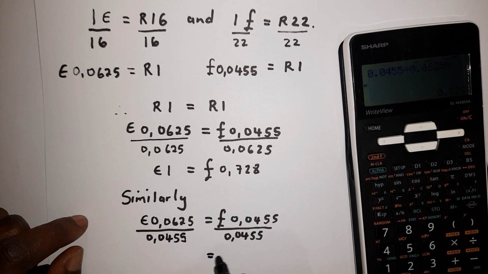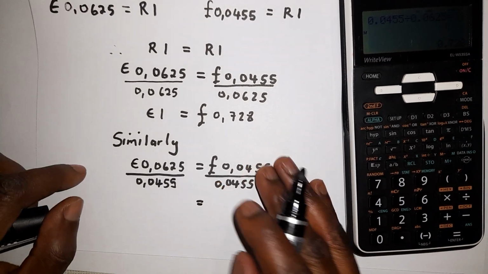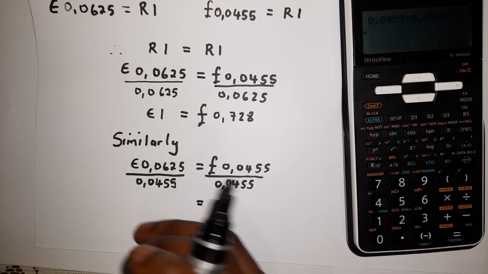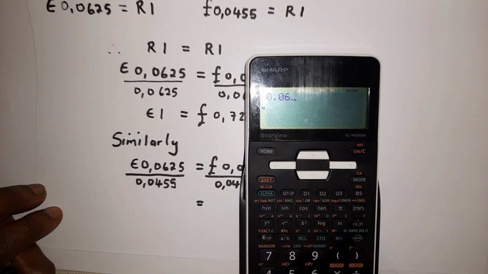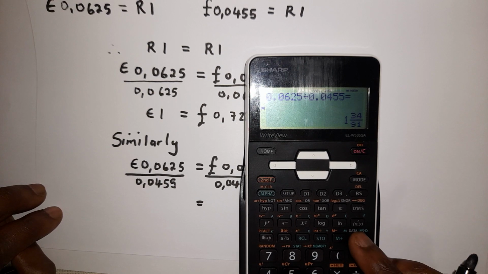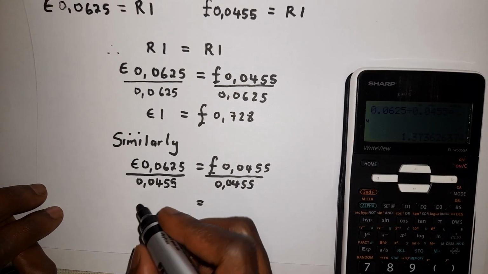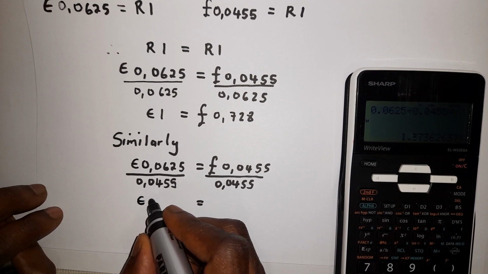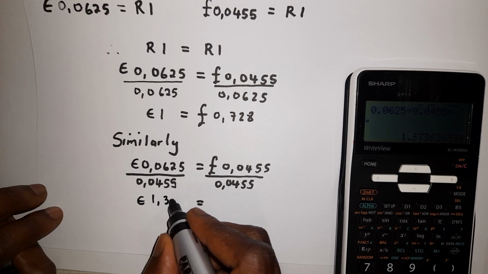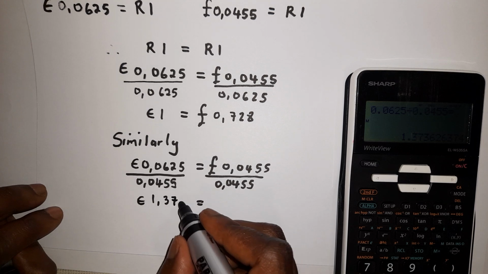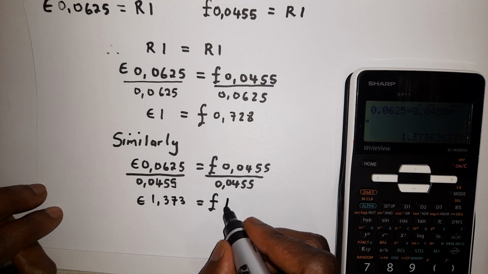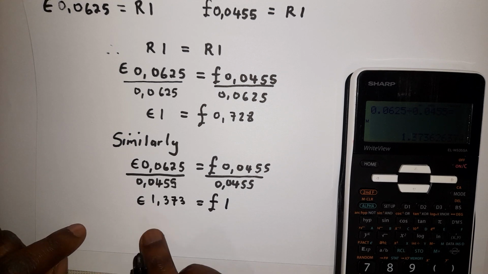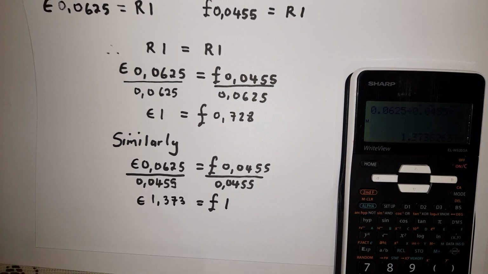So what does that give us now? It gives us the exchange rate, what is a pound in terms of euros. So this would be 0.0625 divided by 0.0455, giving us 1.373. So it means 1 British pound in euros is actually 1.373 euros.